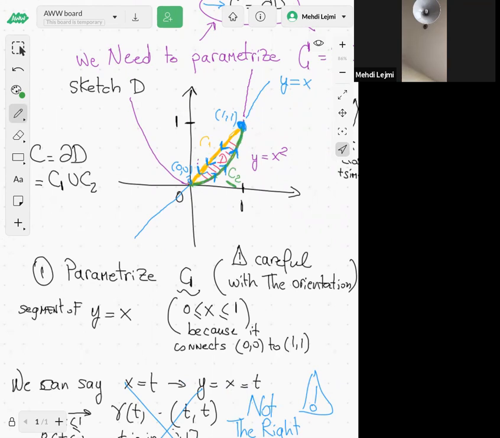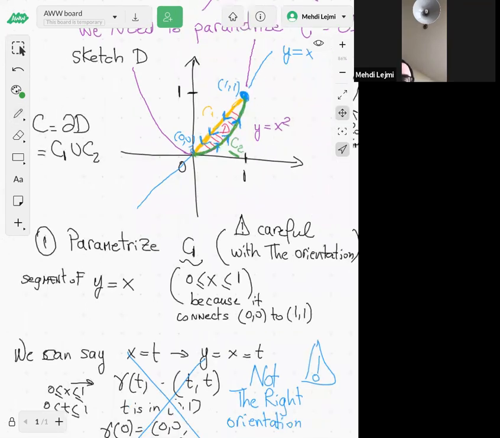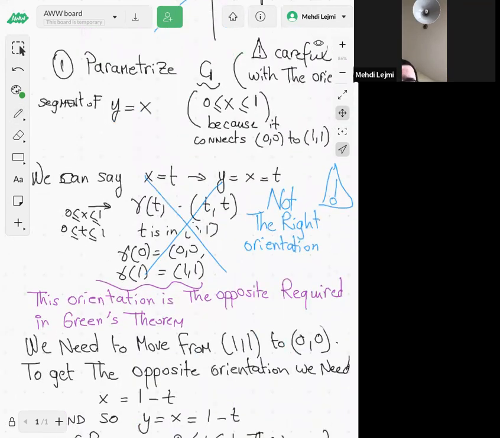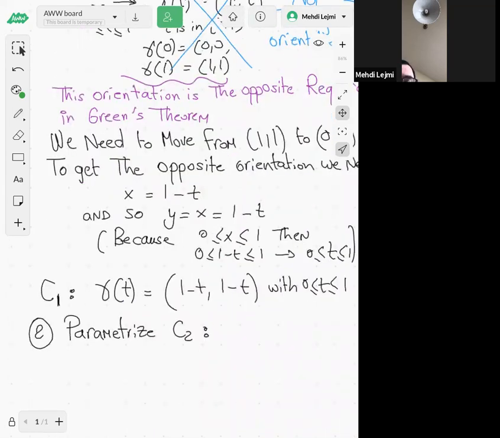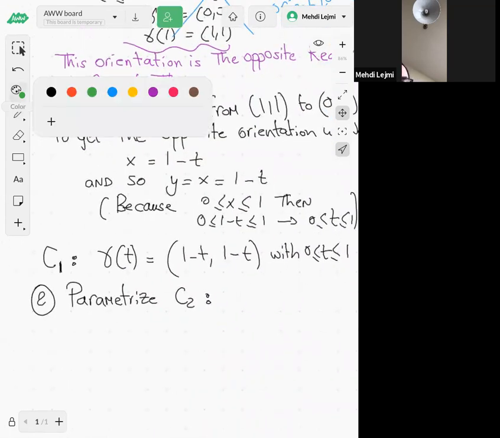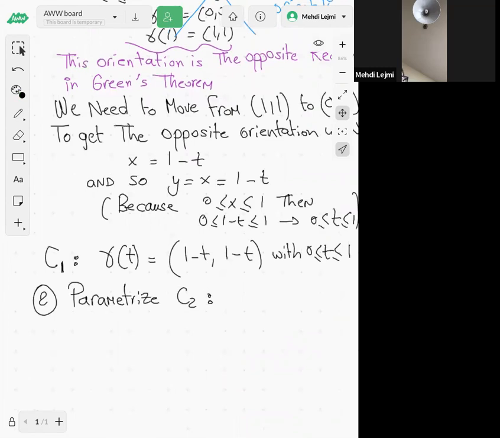The orientation is moving from 0, 0 to 1, 1, and that's perfect. Again, you want to parameterize this. You can say, for example, x is equal to t.